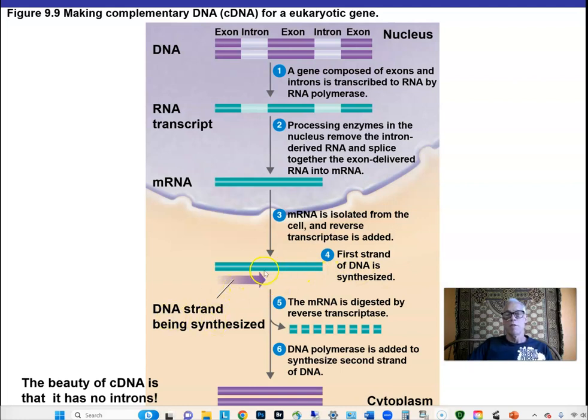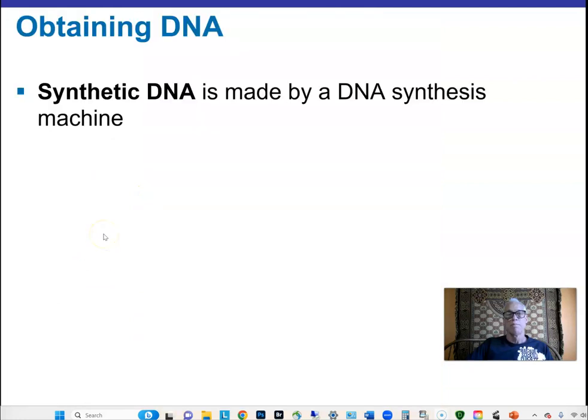So a DNA strand is being synthesized, and we'll simultaneously chop up the piece of RNA, and then we can make a double-stranded DNA out of that, and then now we have a copy of our gene in just the coding sequence. Now when we insert that into bacteria, it's ready to make protein out of it, or into a eukaryotic cell. No introns. So it's a fast, easy, and beautiful way to get a gene of interest, and so it's very commonly employed.